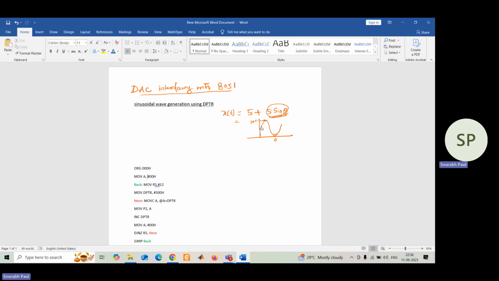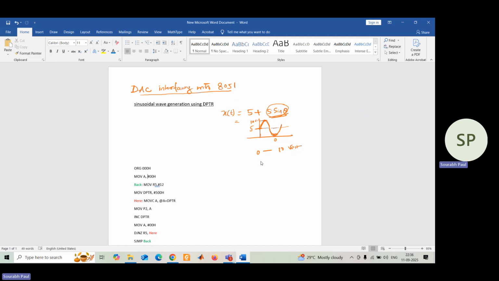Now, I have discussed this from a continuous point of view. How do we represent this continuous or analog signal in terms of a digital signal? Here, the range is from 0 to 10 volt in analog.